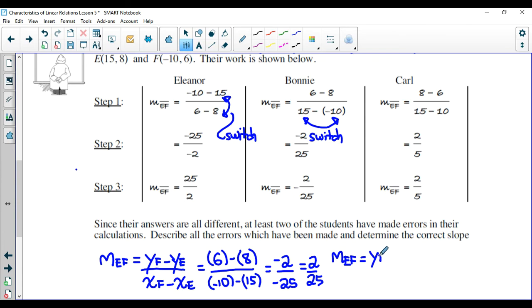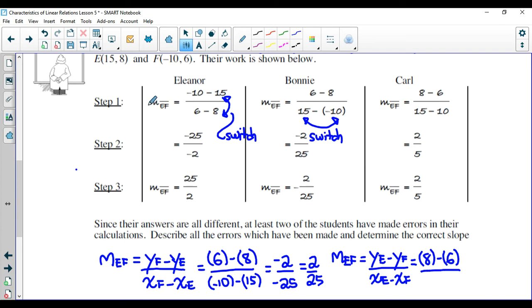So this would be YE minus YF divided by XE minus XF. Now, I'm going to do this correctly. So YE, the y-coordinate of point E, is 8. Subtract the y-coordinate of point F, which is 6.